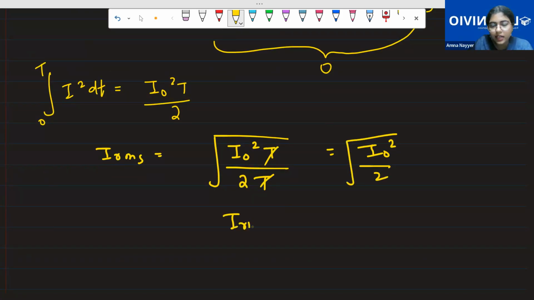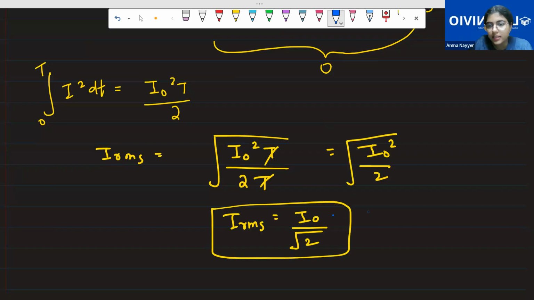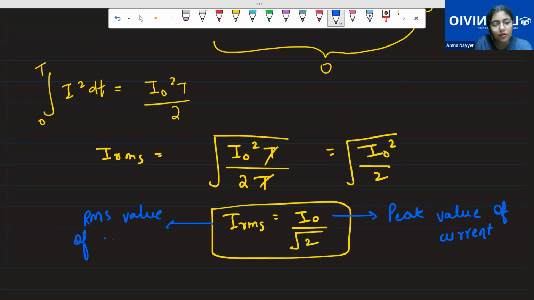So what do we get? We get I RMS is equal to I naught divided by root 2. And what was I naught? I naught was the peak value of current, as we have already discussed. While IRMS is the RMS value of current.